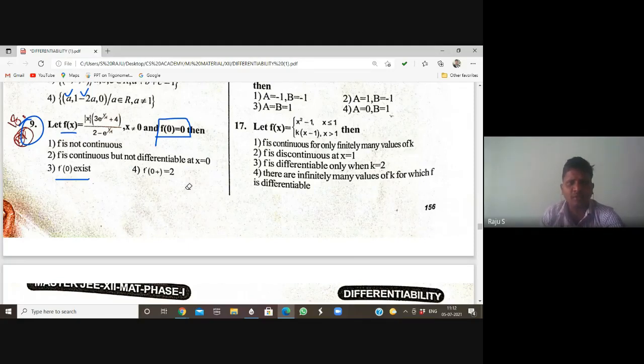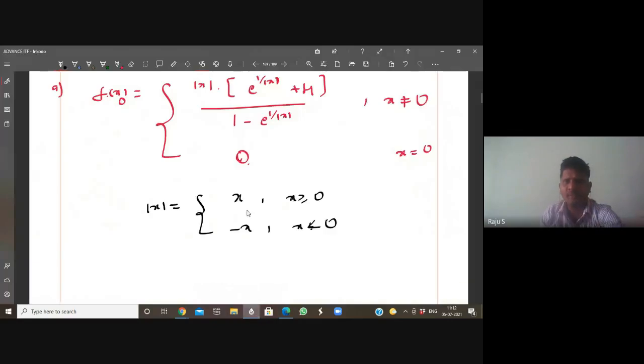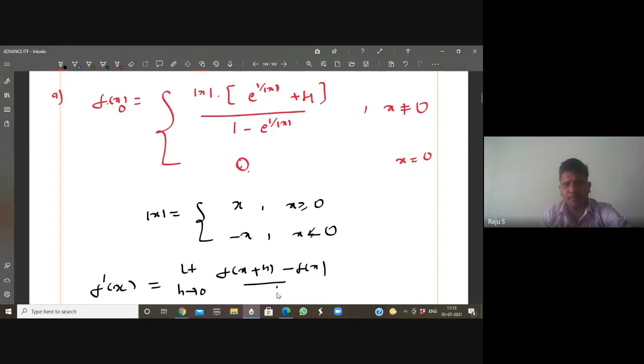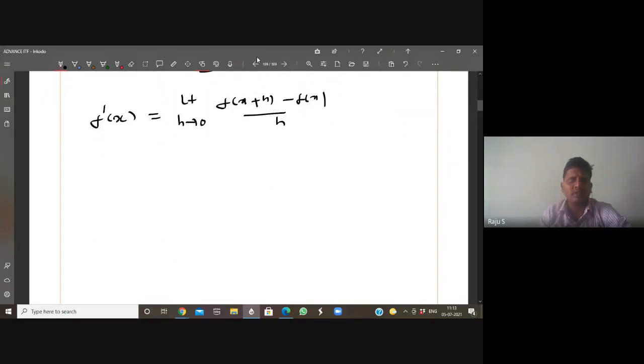This is f of x. It is simple to check. What is the formula for f dash of x? Limit h tends to 0, f of x plus h minus f of x, by h. Am I right, students? Yes, I have written this formula here.